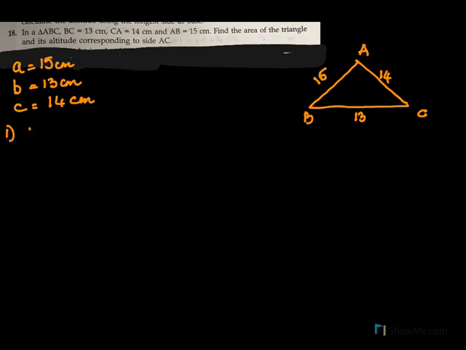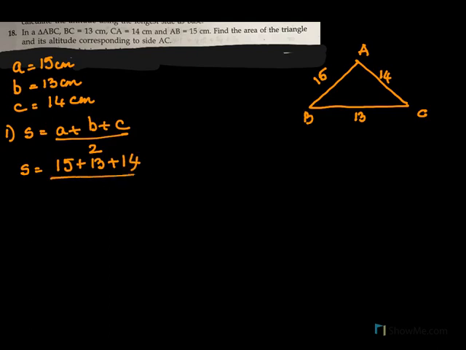Step 1, to find the semi-perimeter: (A plus B plus C) divided by 2. So S is (15 plus 13 plus 14) divided by 2, that is 42 divided by 2, and the semi-perimeter is 21.